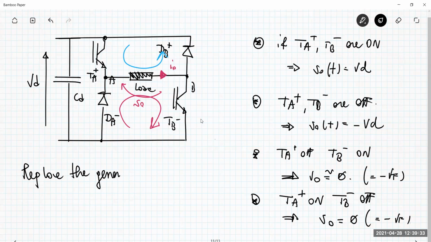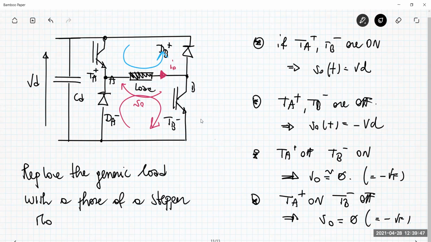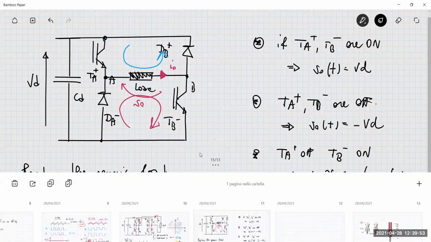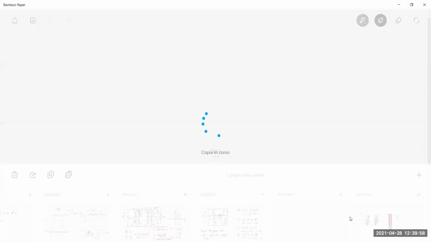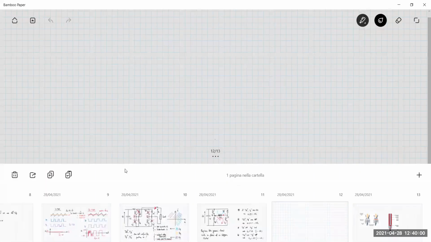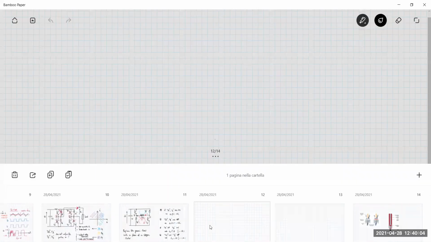Replace the generic load with a phase of a stepper motor. Okay, here.